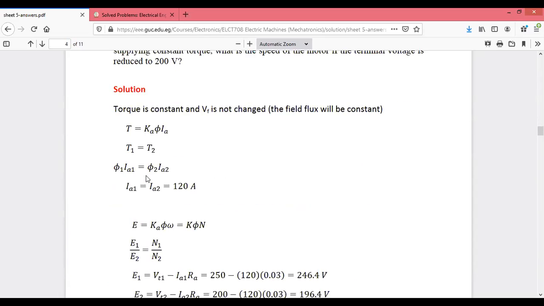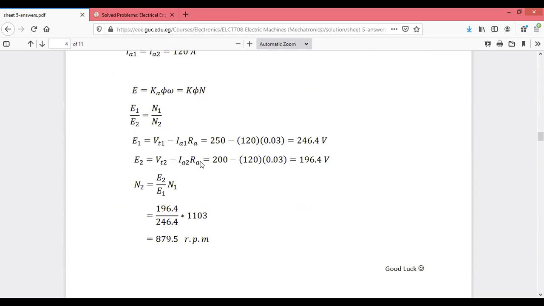So your equation will become V minus Ia Ra. VT2 you take as 200, and VT1, the terminal voltage, you can take as 250 volt. But here the current value is the same, the current is not different.